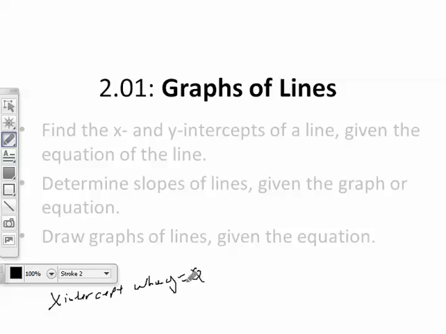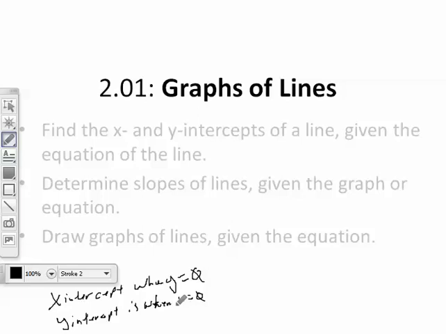So if I put 0 in for y, then I can solve the equation using my algebraic methods and find the x-intercept. From the same perspective, the y-intercept is when x equals 0. So all I've got to do is stick 0 in for x and solve the equation for the value of y.